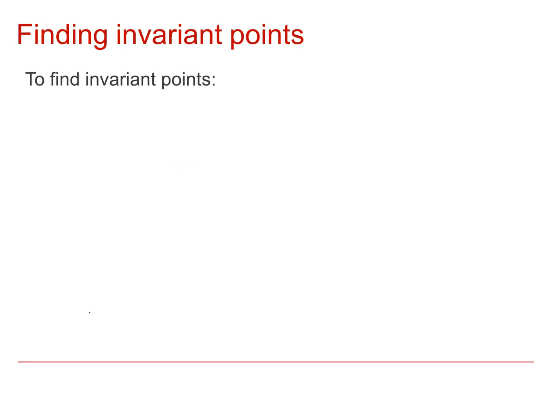How do we find invariant points? Well, let's take that previous matrix as our example again, 5, 2, 4, 3. We want a point which isn't going to move, so let's just take a general point and say that it doesn't move.